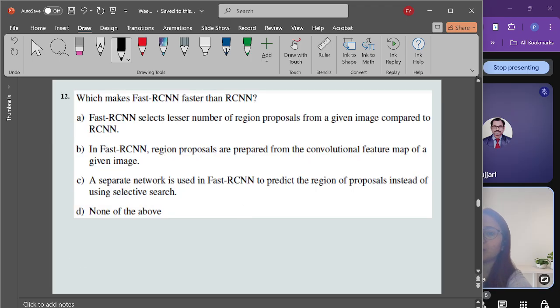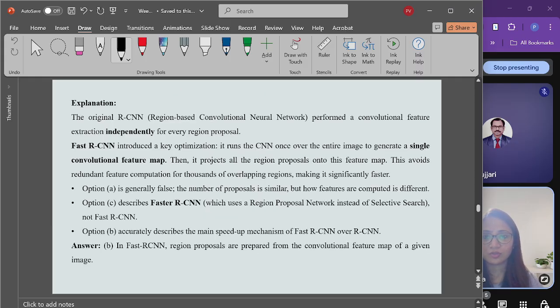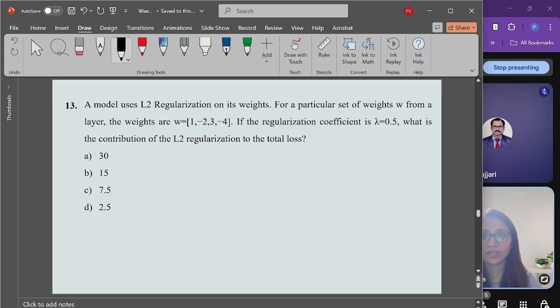Okay, so option B is the correct answer for this question. I hope you have got this question. So now moving to our next question.